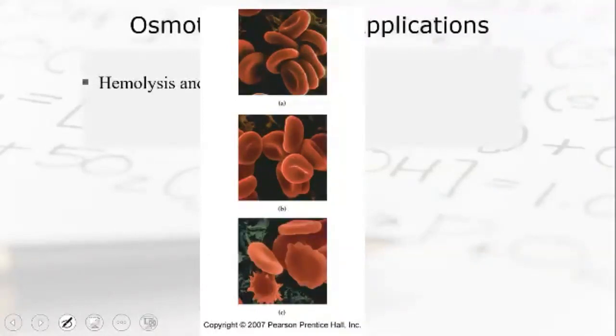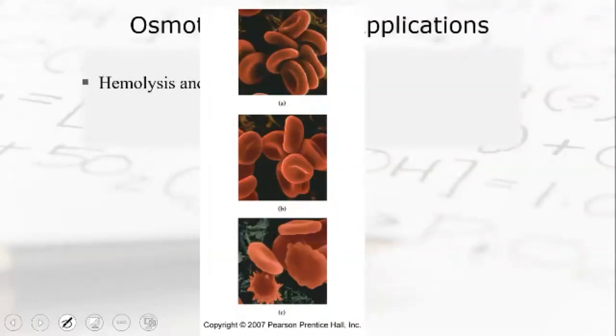Now, you can do other things, like, for example, you can change the medium and make the medium what is called hypotonic or hypertonic. Hypotonic means that you have less solute on the outside than on the inside of the cell. So that means that water moves into the cells because they're more concentrated, and they cause the cells to plump up, like you see there in the middle picture.